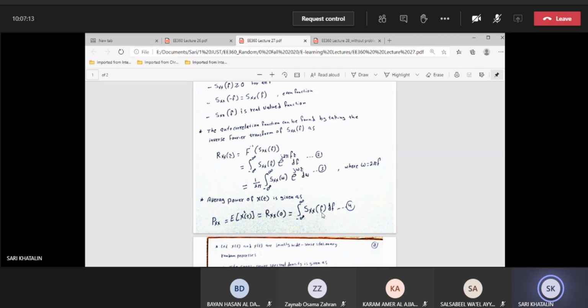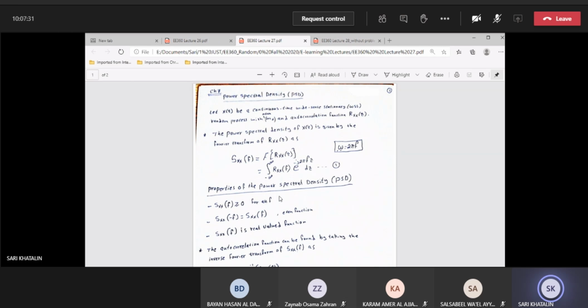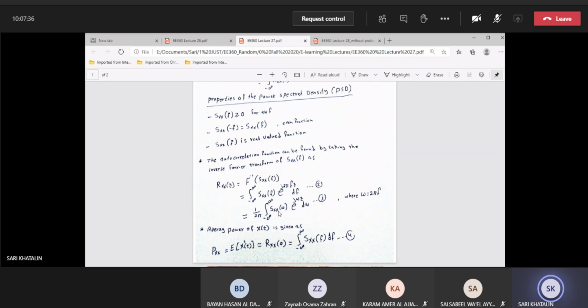But if you don't have it, it's going to be equal to this function right here, which is the power spectral density, and you take the integration of this from minus infinity to infinity. Where did this come from? You can go back here, to equation 2, and set tau to 0. Of course, the exponential will become 1, and you will end up with this equation.